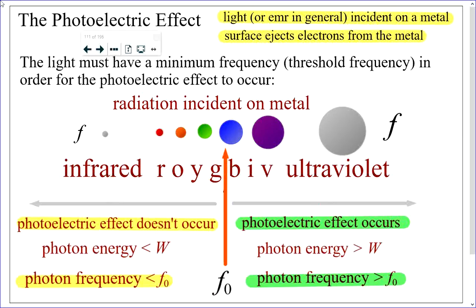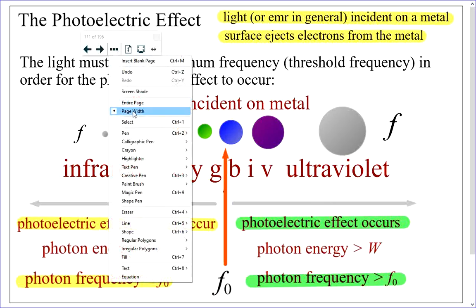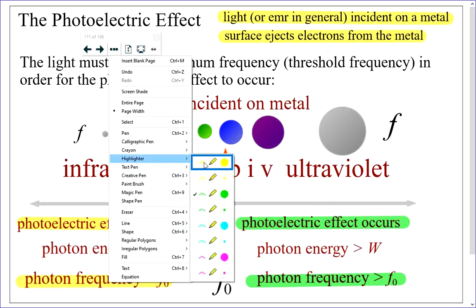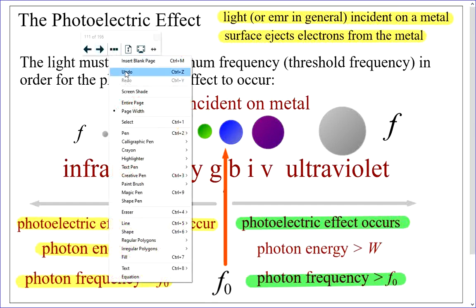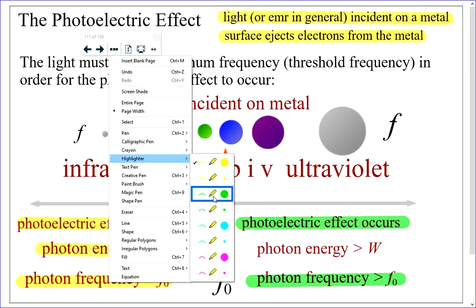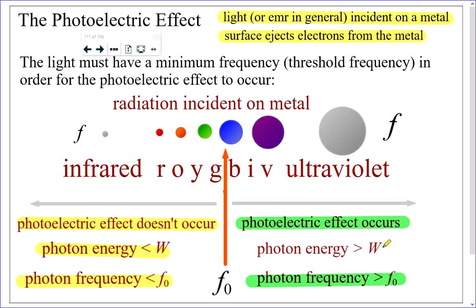I'm getting a little bit ahead of myself, but the reason this happens, and I will come back to this in a few minutes, is that the reason the photoelectric effect does not occur if the frequency is smaller than the threshold frequency is that the energy that each photon has in the light is smaller than something called the work function of the metal, which is how much energy is needed to remove the electron from the metal.